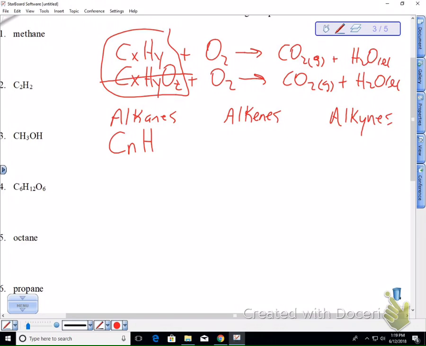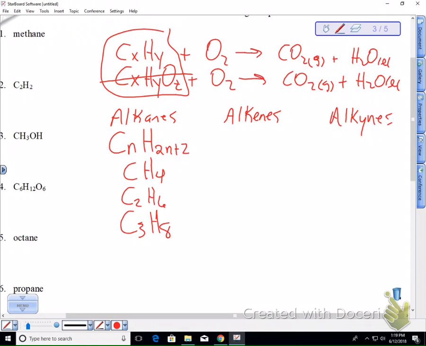So if that's the case, there always will be 2N plus 2 hydrogens. So for example, if I have 1 carbon, I'll have 2N plus 2, which is 4 hydrogens. If I have 2 carbons, I'll have 2 times 2 plus 2, which is 6 hydrogens. And then we'll do one more. If there's 3 carbons, 2N plus 2 is 8.